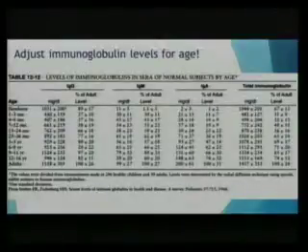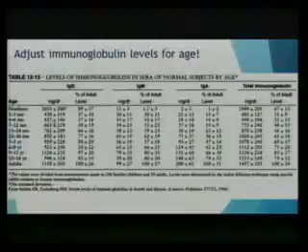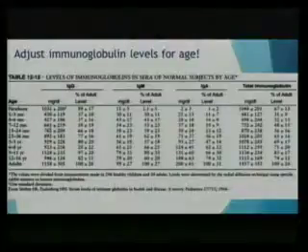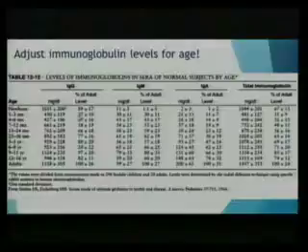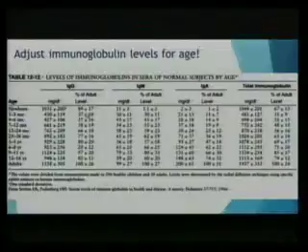As you can see, early on it's kind of low. You wouldn't expect them to be in the thousands, so like 600 or 400 might be normal for that age. So when you look at the labs on EPIC, make sure you adjust for age rather than just saying, oh, it's low.